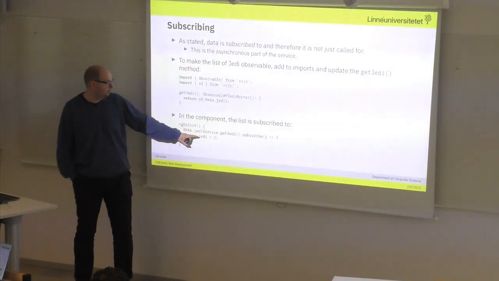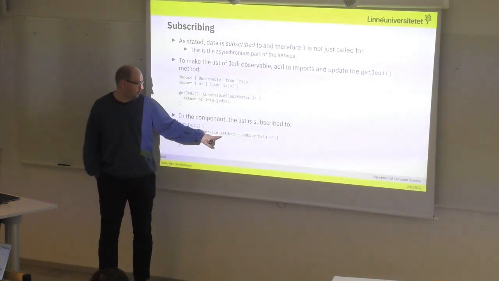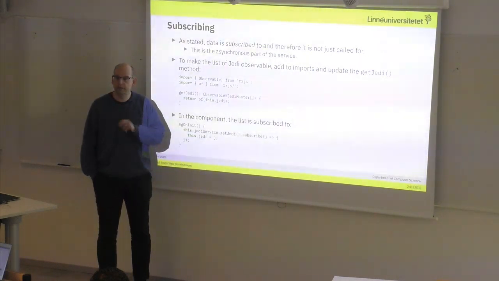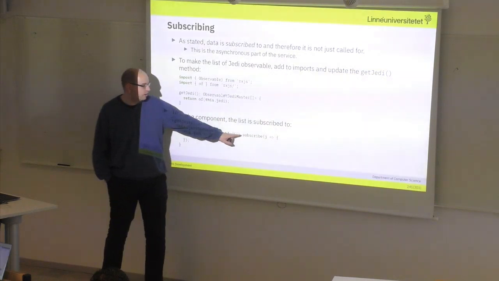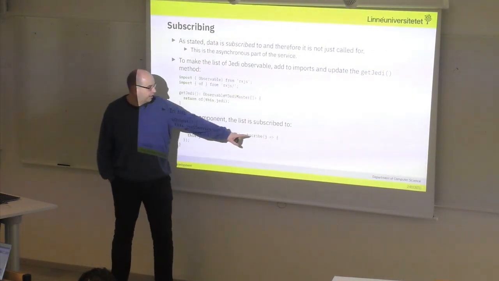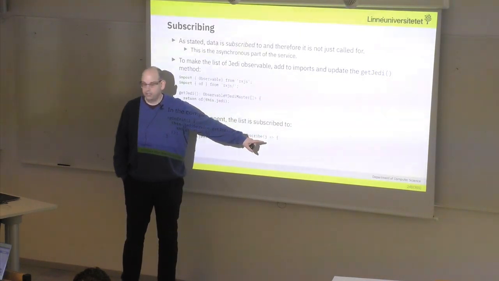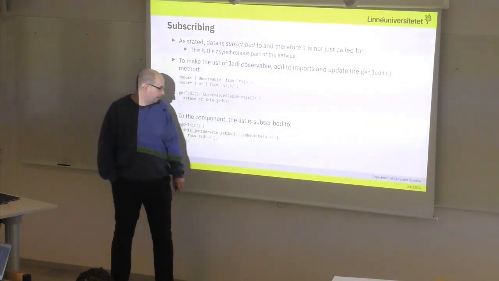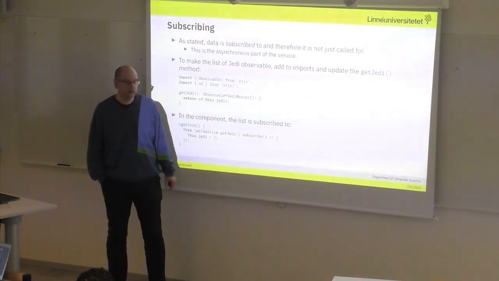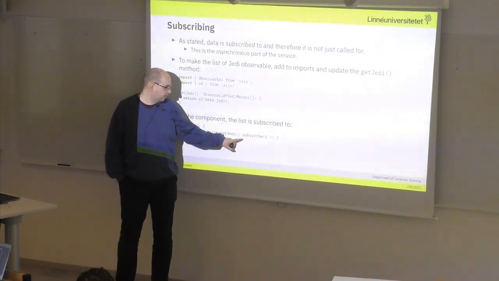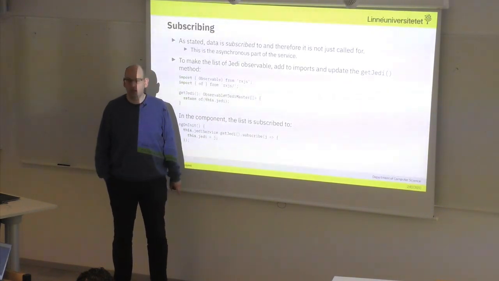So we say that we get Jedi as previously, but instead of just assigning that to the Jedi we've got, we say subscribe to whatever's coming back, and this is these anonymous lambda-like expressions, the j here is just a variable, the variable which represents whatever gets back from this getJedi.